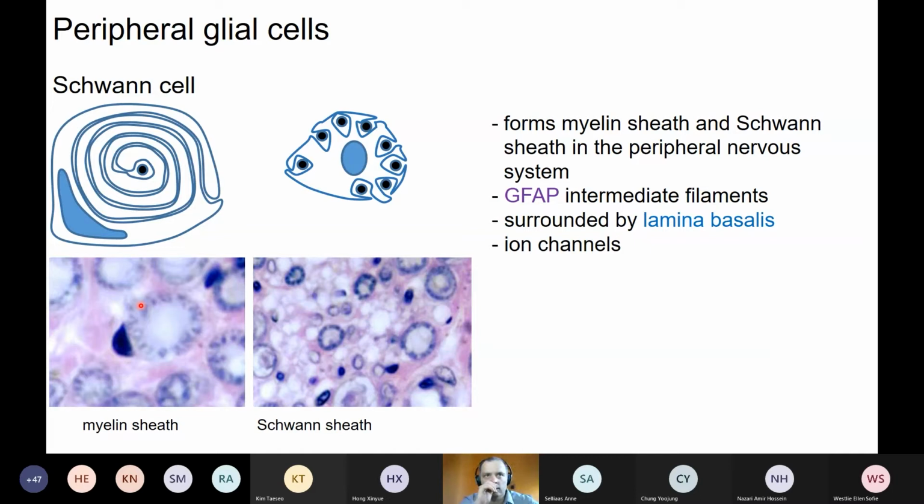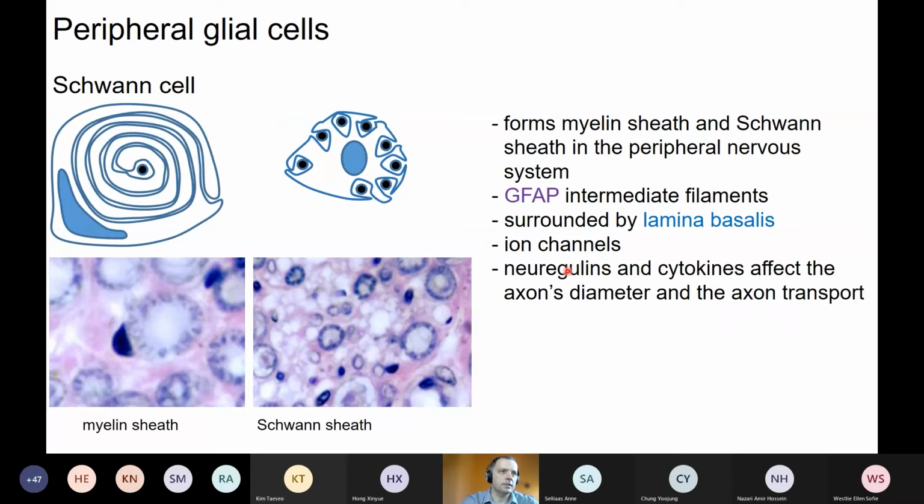You can use the Latin name as well. Ion channels are found in the cell membrane, which are responsible for the ion transport processes, and during the embryonic development and also later, the axon functions are controlled by the Schwann cells, and the other way around, the axons will also influence the functions of the Schwann cells.